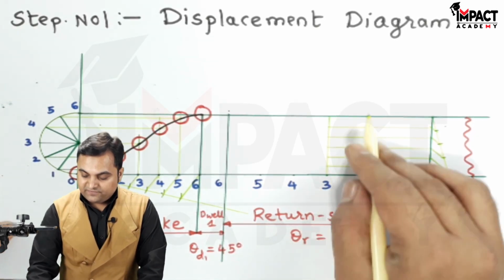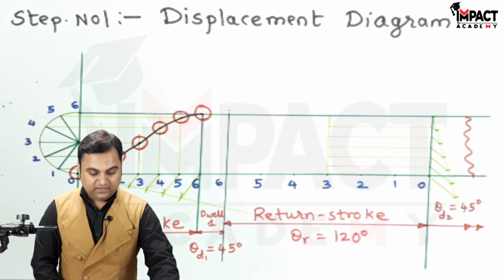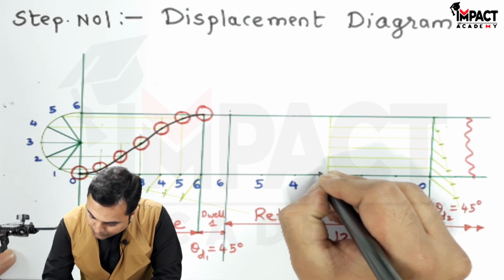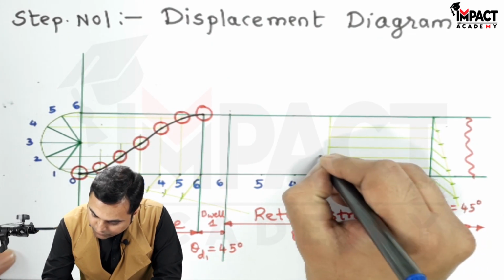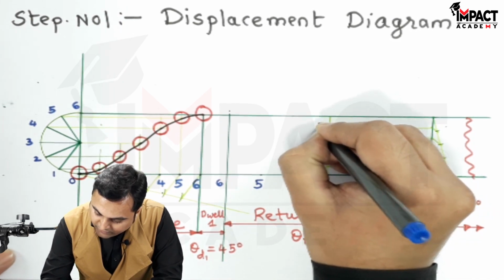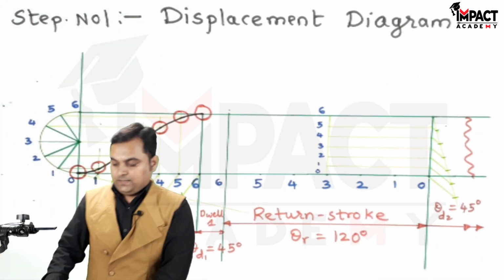So I am getting 6 equal divisions here and giving the notation to them. It is 0, 1, 2, 3, 4, 5 and 6.